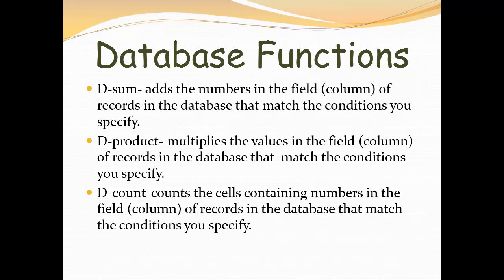What is this database function? It totals on the criteria you provide. For example, DSUM adds the numbers in the field of the records in a database that match the condition you specify.